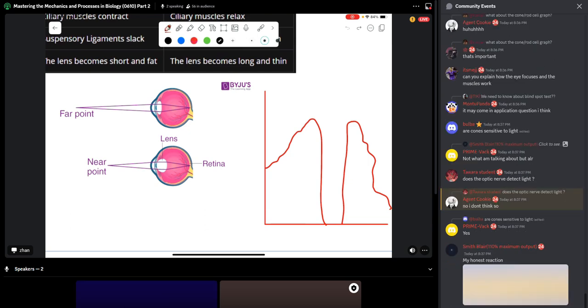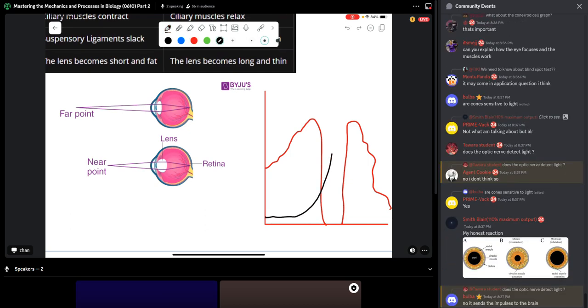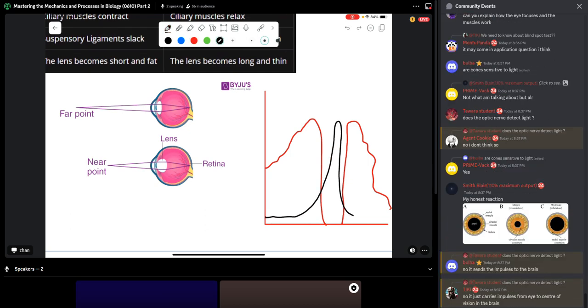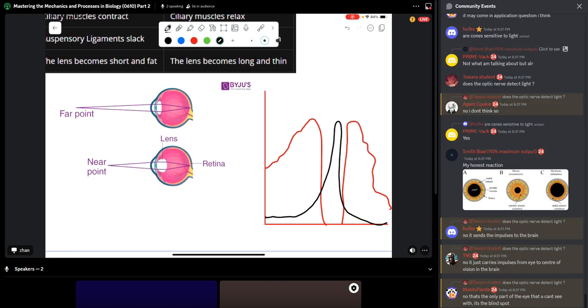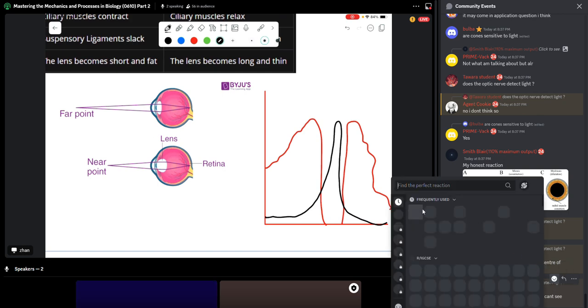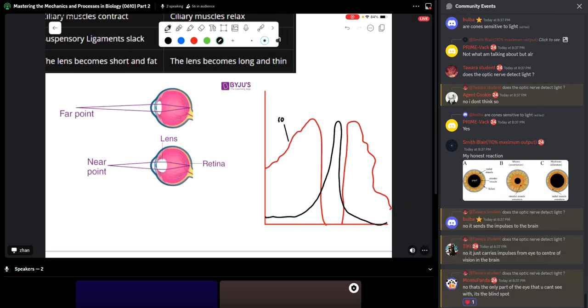I use a different pen. Okay, something like that. So this is the distribution curve of the rods and cones. This is the rods and this is the cones.